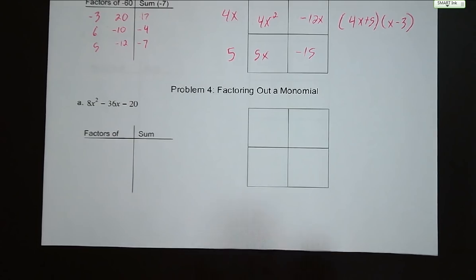All right. Problem 4 is going to present the skill that is forgotten about most often later on in the year, and that is factoring out a monomial first. So the first thing you want to do when you are factoring these problems is to figure out, are there any common terms from my original equation?